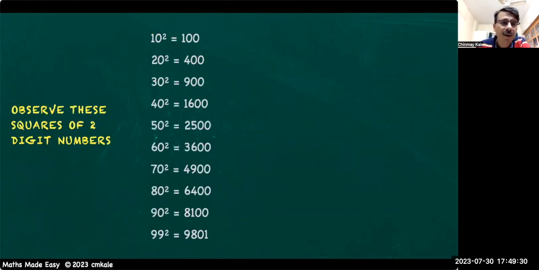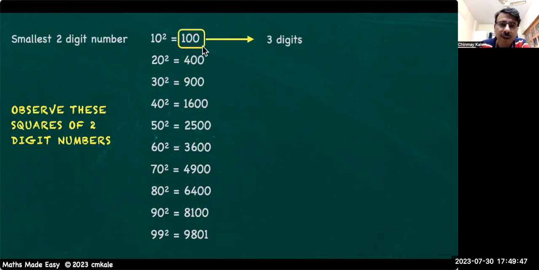So let us look at some of the squares between 10 and 100. I have listed 10 square, 20 square, 30 square, and so on up to 99. So what are the observations we can make out of these? 10 is the smallest 2-digit number. Its square is 100, which is of 3 digits. 99 is the highest 2-digit number.